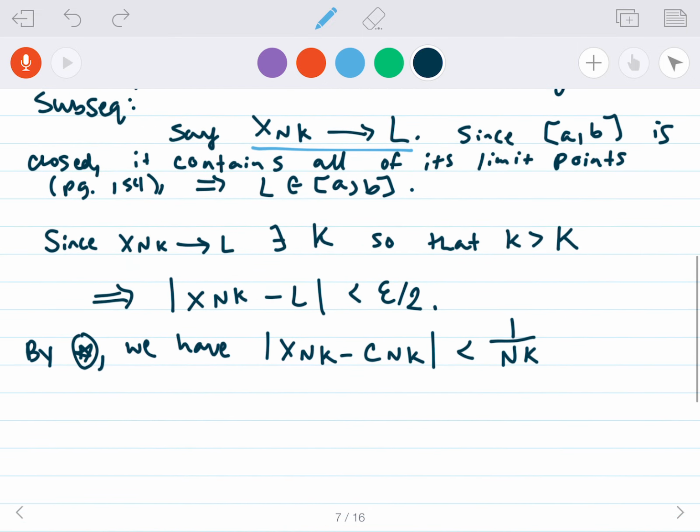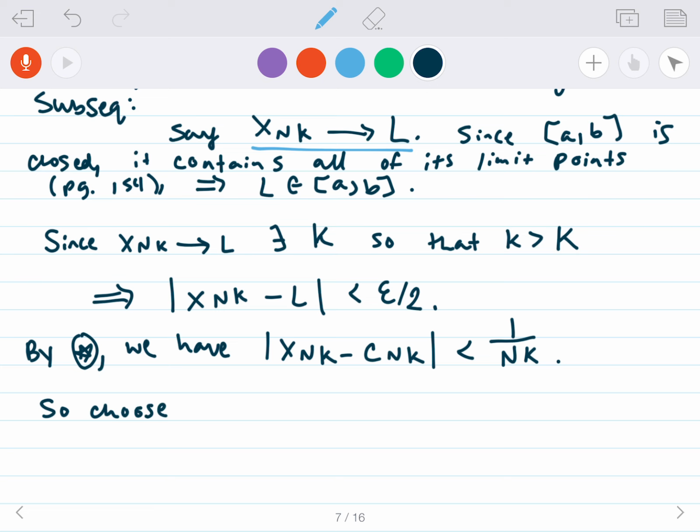And so the idea here is that we're going to choose capital K large enough so that this guy is less than epsilon over 2.